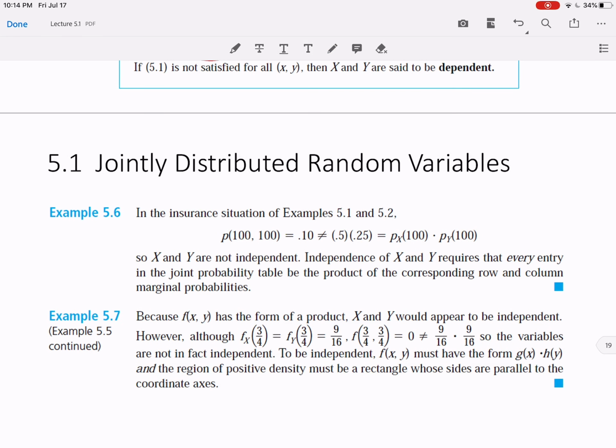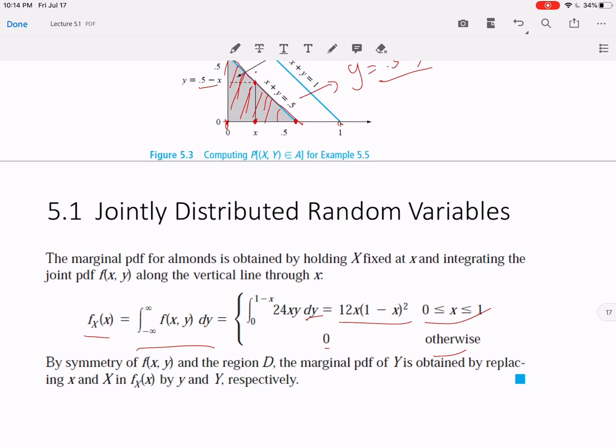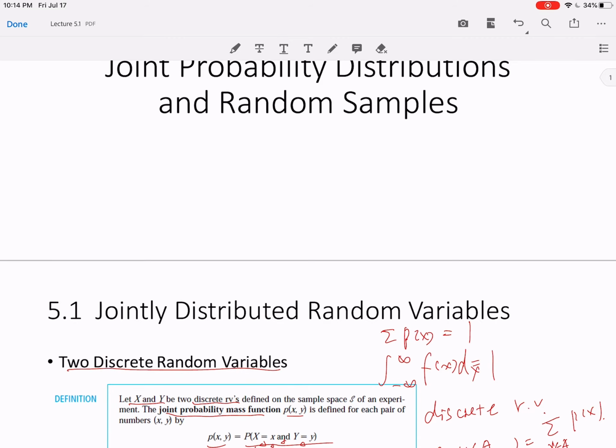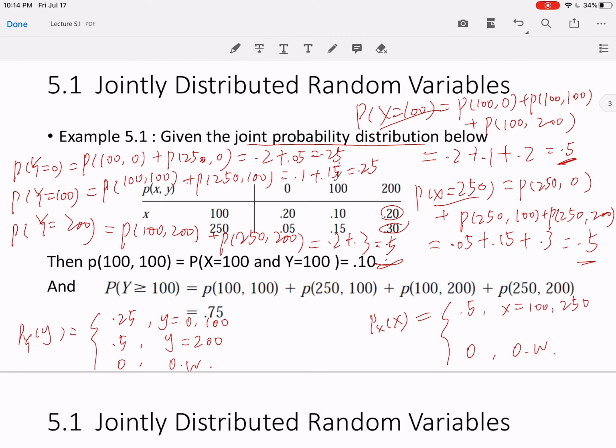This is a continuation of example 5.1. Let's take a look at whether X and Y are independent or not in this case. Let's get back to 5.1, the very beginning. Here it is.